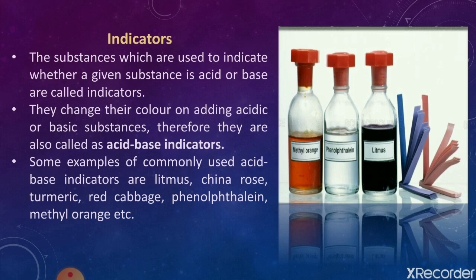When we put some indicator in an acid, it will produce some color, and when we use that indicator with a base, it will produce a different color. So if we know which color is produced when the indicator is added to an acid or to a base, then very easily we can find out whether the given material is acid or base.